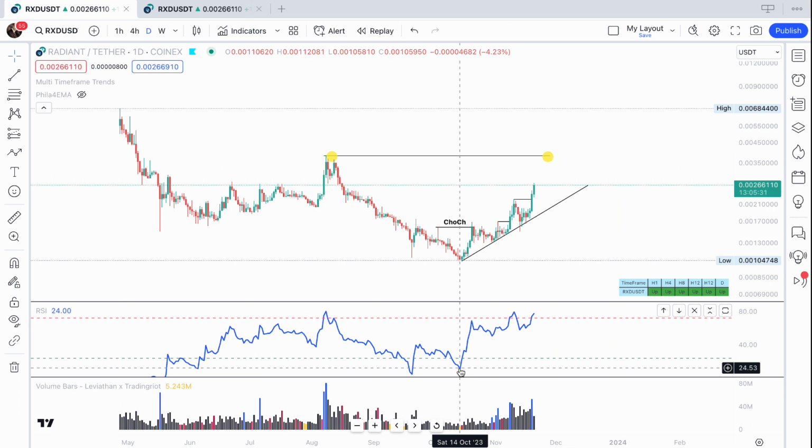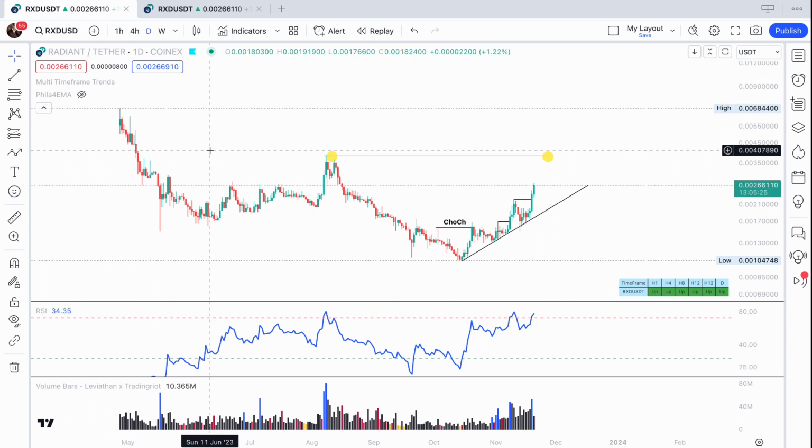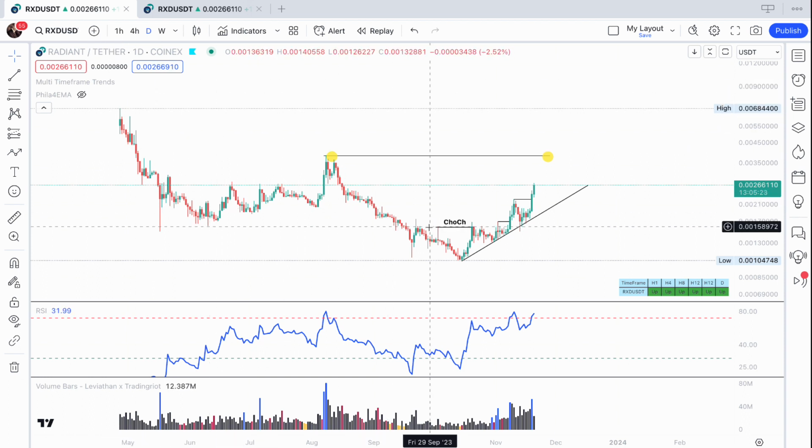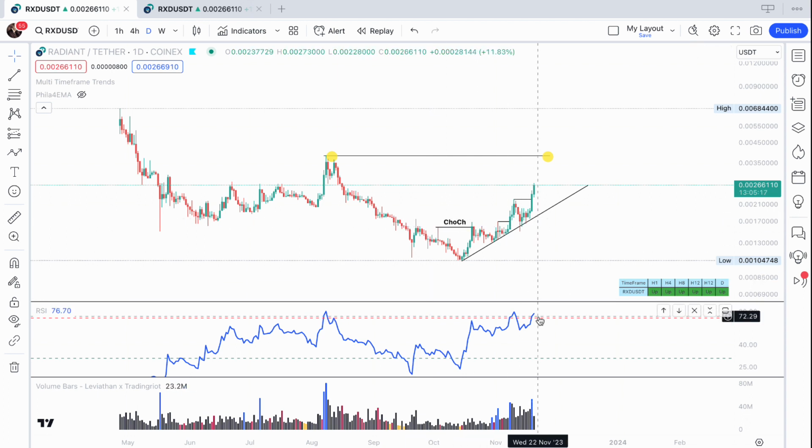When we are talking about this asset, about Radiant RXD, it's on an uptrend on the daily time frame. It's a very low cap coin. Yes, it is a bit overbought, but if I were interested in making an investment decision on this coin, then I think that I wouldn't wait for a pullback, not necessarily.